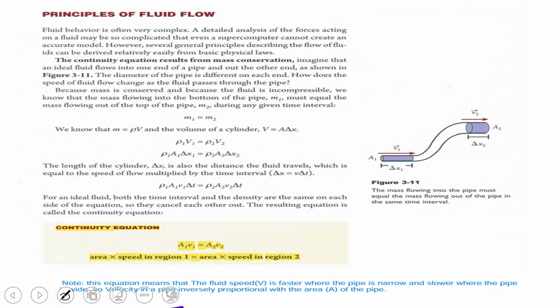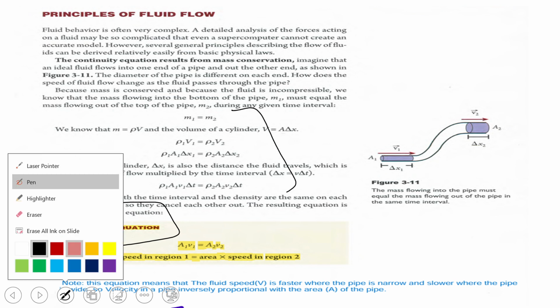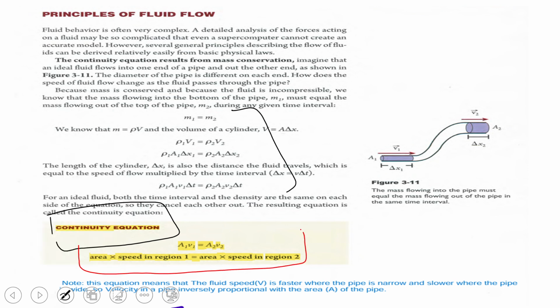Dear students, we have a rule which is called the continuity equation. On this page, guys, we have the proof. This proof is not important, we only need the rule that is important.